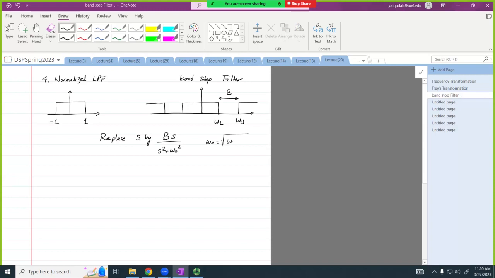This is the square root of omega lower multiplied by omega upper, and B equals omega upper minus omega lower.